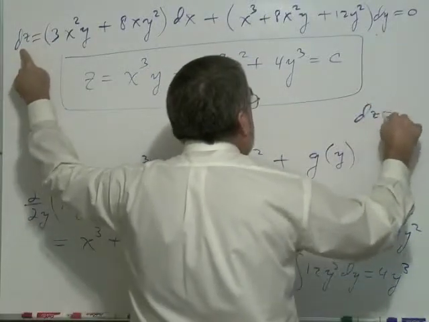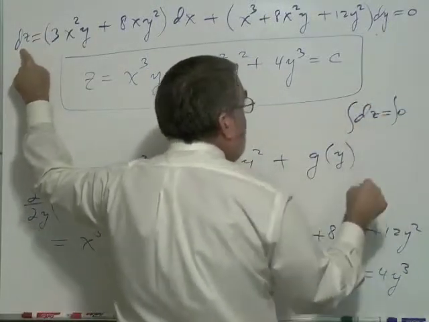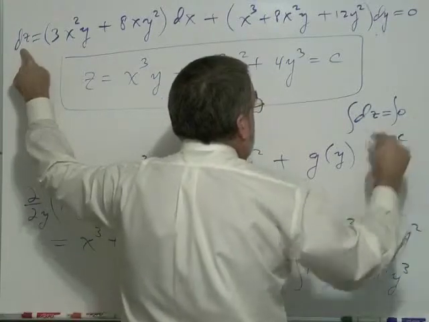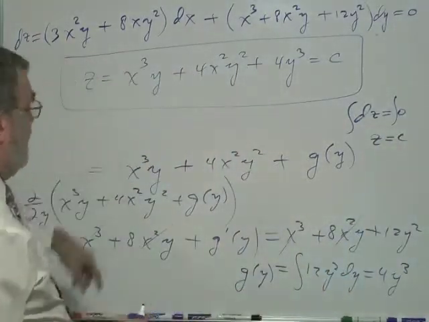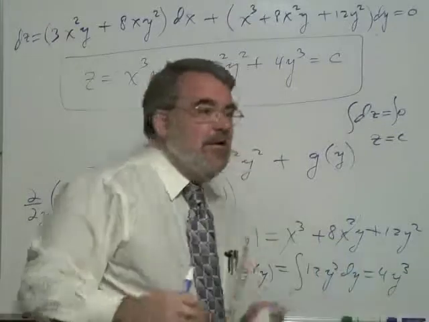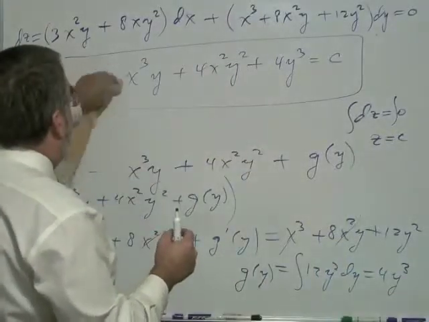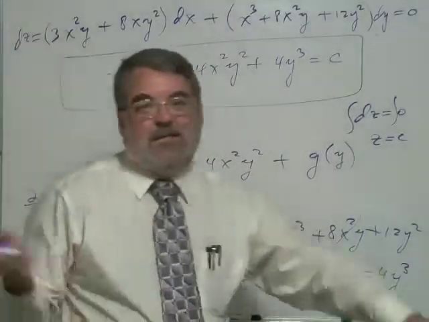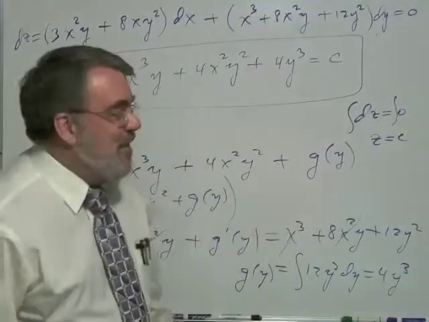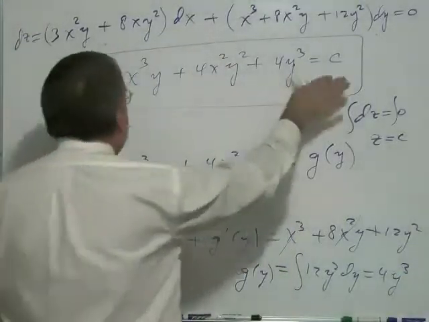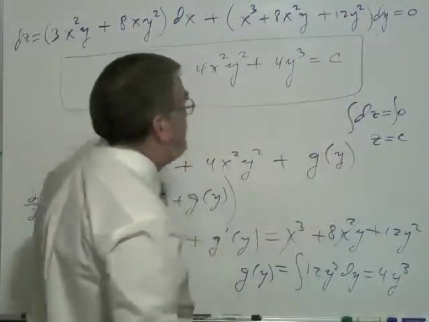If dz equals 0, when I integrate everything, I get z equal to a constant. So in your book, most people leave this off and just write that's the answer to the problem. So here's the answer to this differential equation.